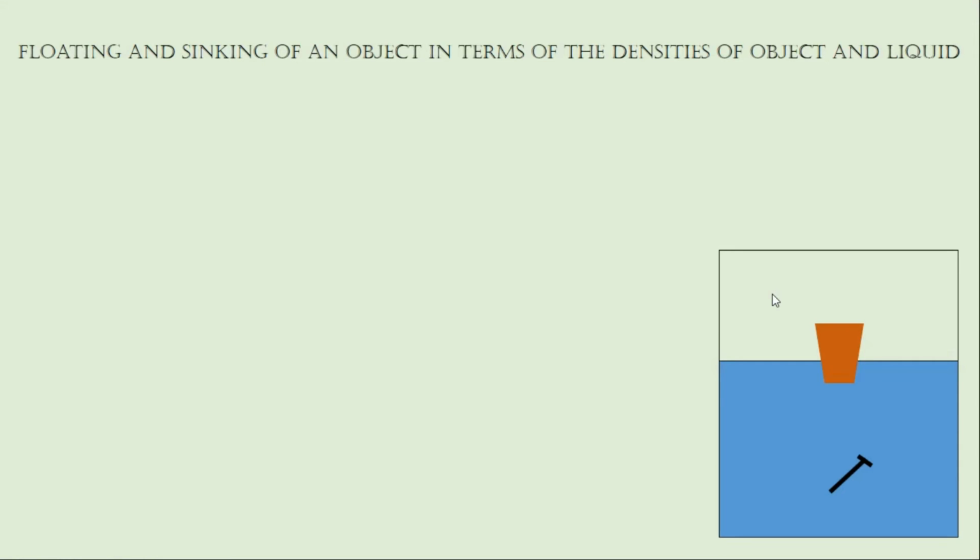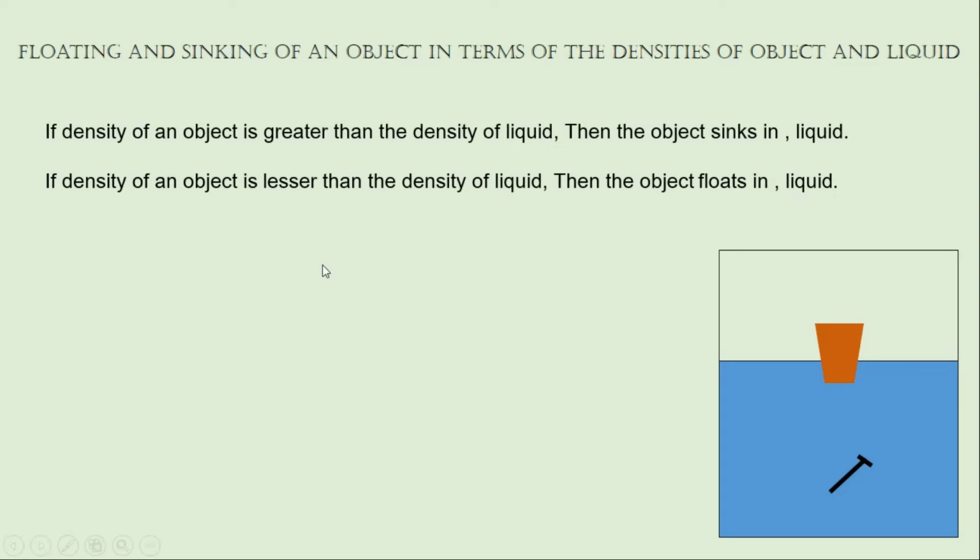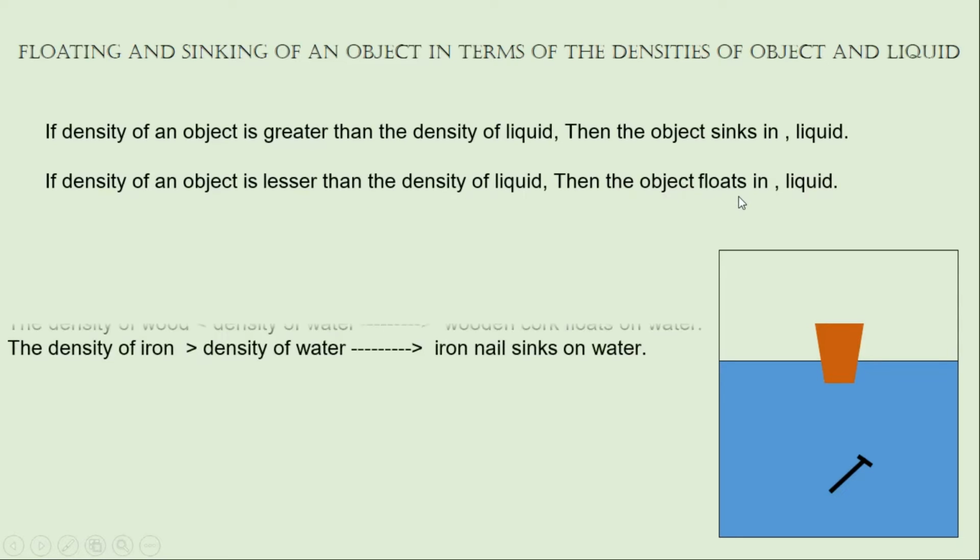Now, floating and sinking of an object in terms of the density of the object and the liquid. If the density of the object is greater than the density of the liquid, the object sinks. If the density of the object is less than the density of the liquid, the object floats.